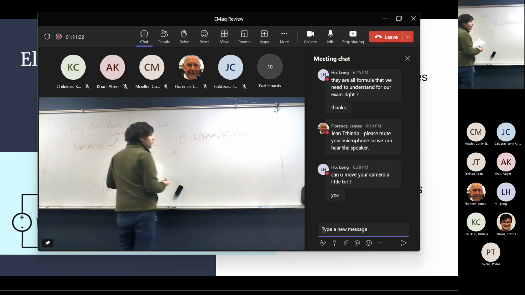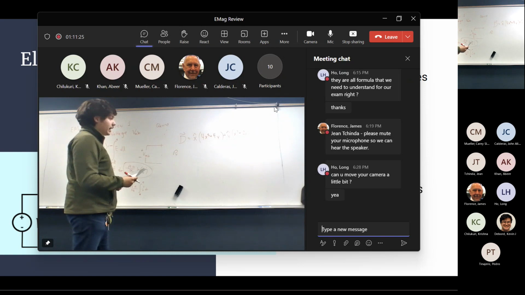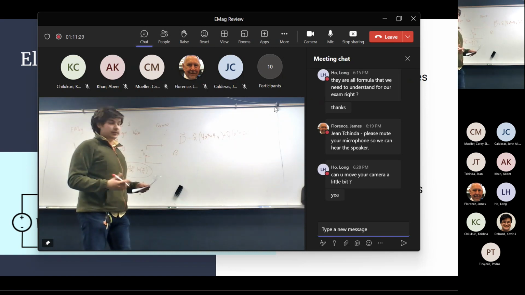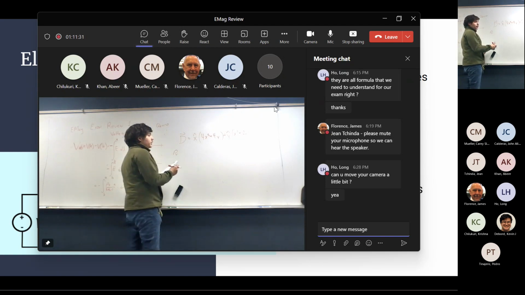Obviously, this is just an application of Gauss's law. From the last problem, we're pretty familiar with the integral version of it. Now it's time to deal with the differential version.